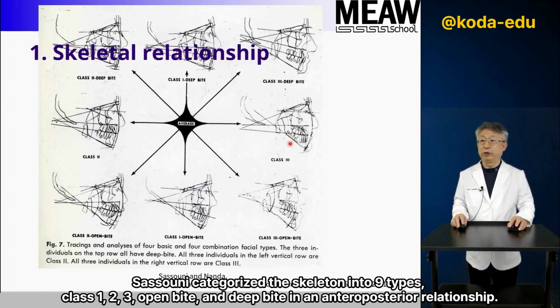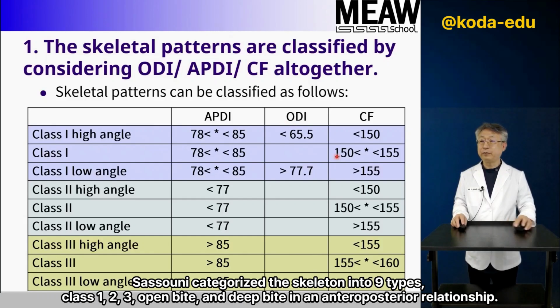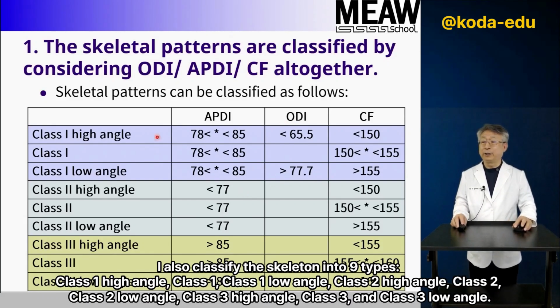Sassouni categorized the skeleton into 9 types: Class 1, 2, 3, open bite, and deep bite in an anteroposterior relationship. I also classify the skeleton into 9 types: Class 1 high angle, Class 1, Class 1 low angle, Class 2 high angle, Class 2 low angle, Class 3 high angle, Class 3, and Class 3 low angle.